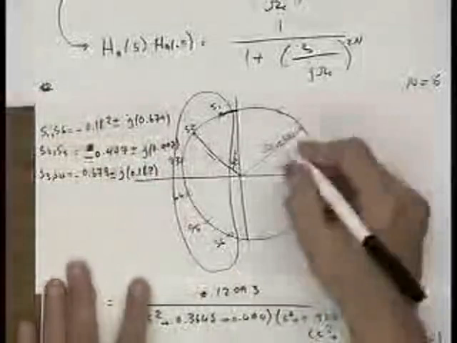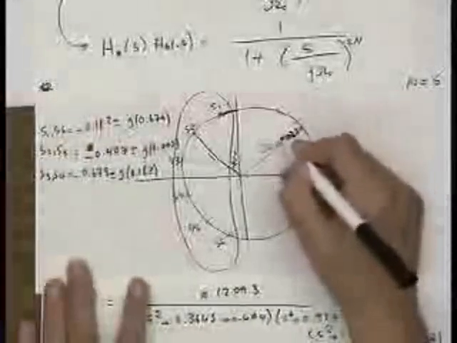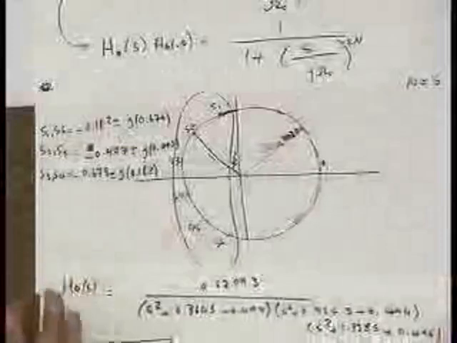And the omega c is 7032, not 7302. Okay?